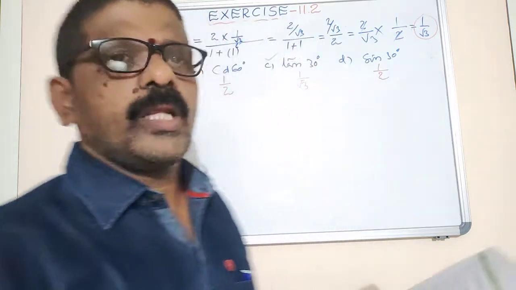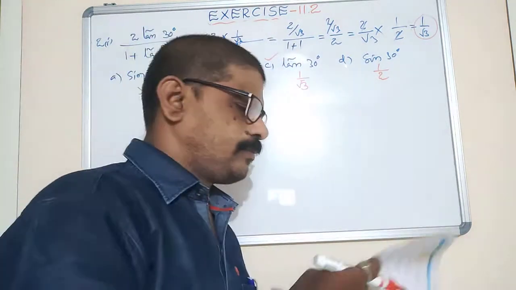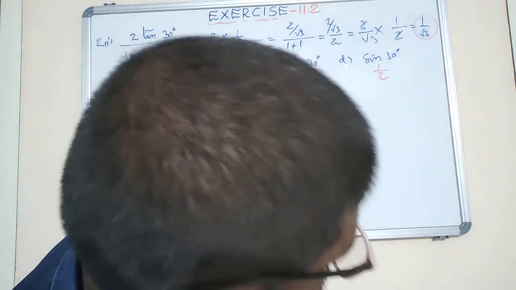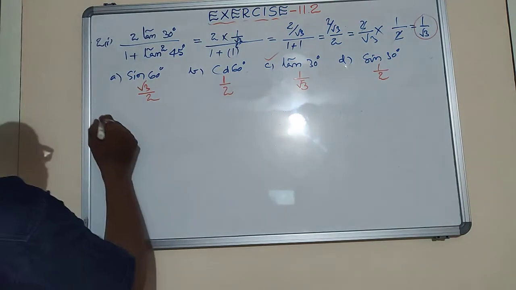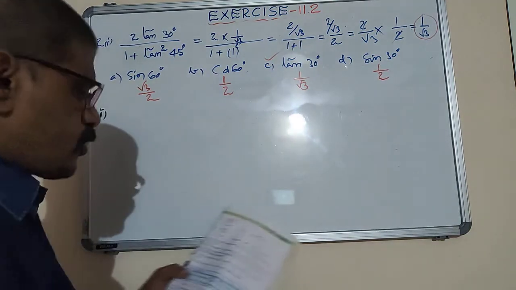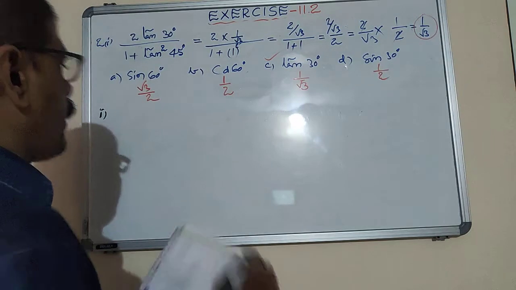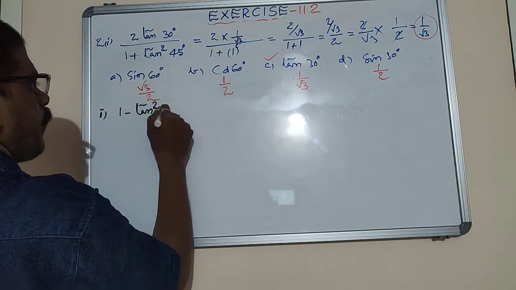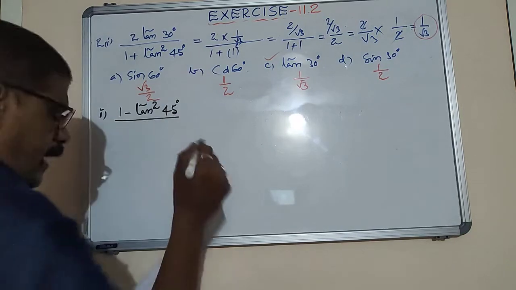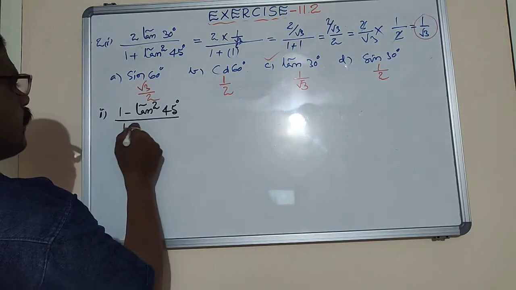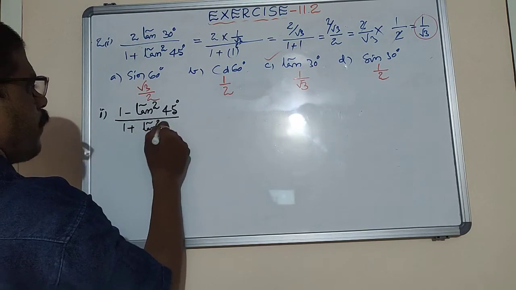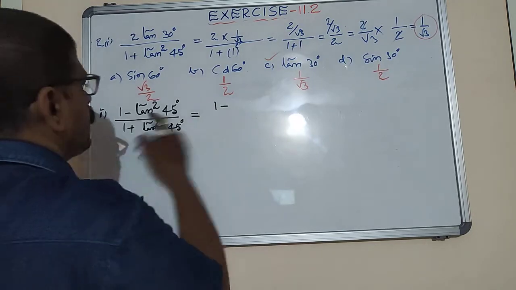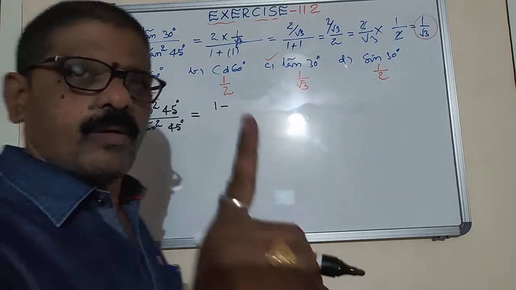Now next we are going to the second question. The second question is 1 minus tan square 45 degrees whole by 1 plus tan square 45 degrees. That is equal to 1 minus, so tan 45 value is 1.